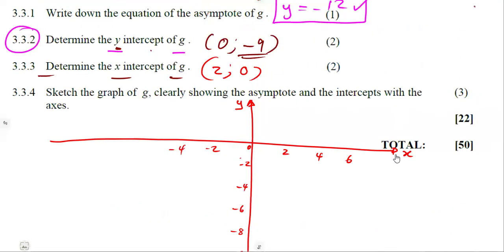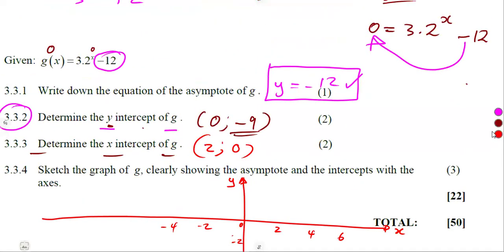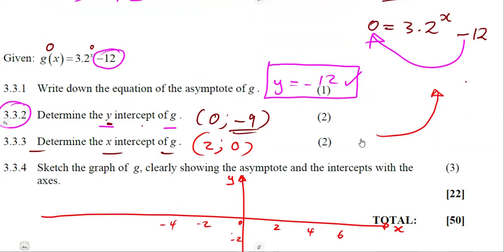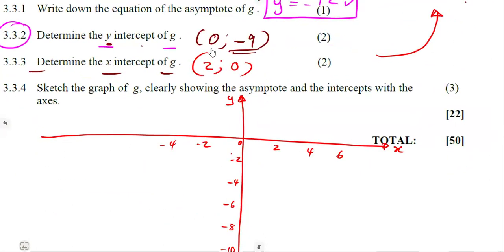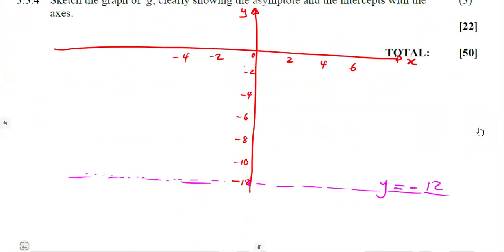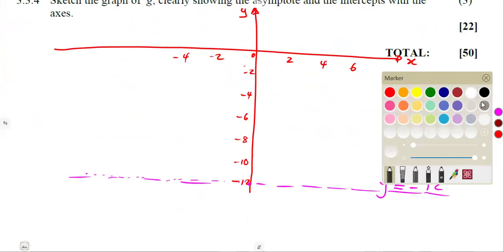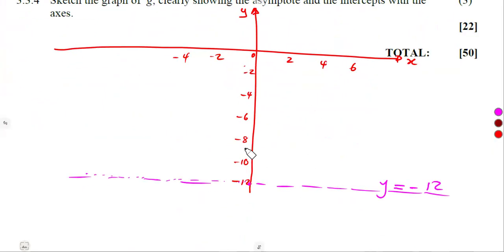Remember, that's an exponential function, and we know the shape is supposed to be something like this, guys. But even if you do not know, just indicate the intercepts and see. The y-intercept is negative 9, which is in between negative 8 and negative 10. So somewhere there we have got our negative 9. That's our y-intercept.